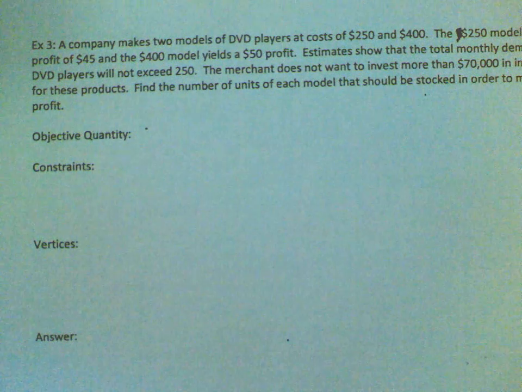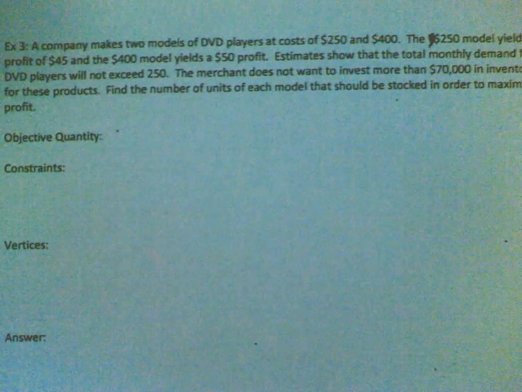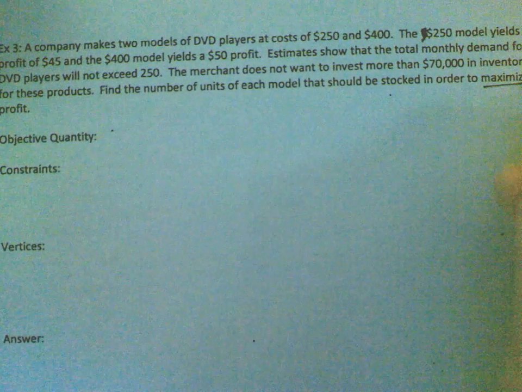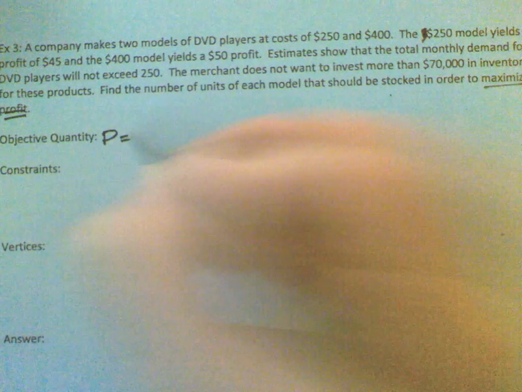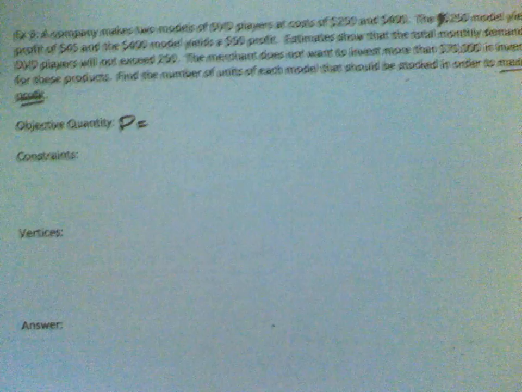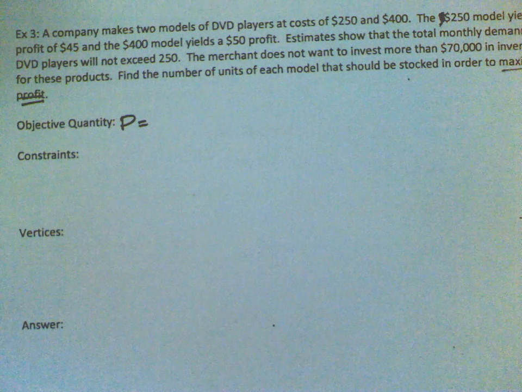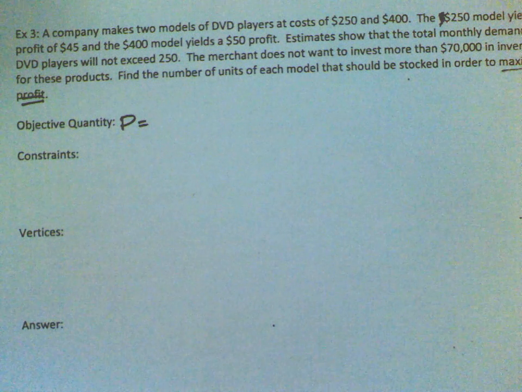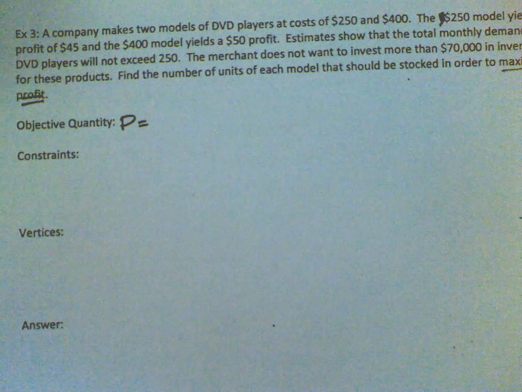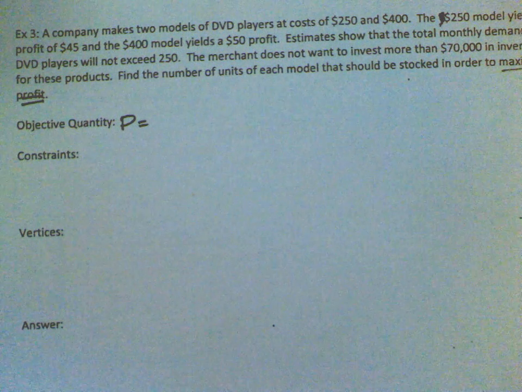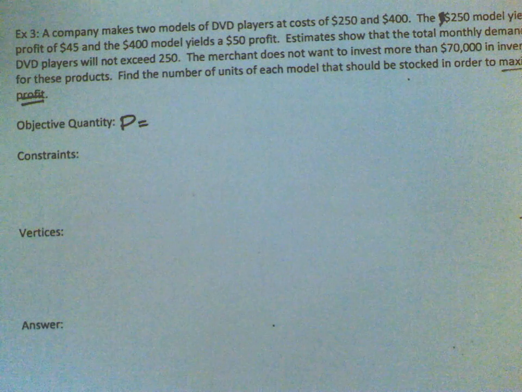Maximize. We are going to maximize the profit, right? So we want to write an objective quantity function that has to do with the profit of these, what are they, DVD players. Rescan your problem. Is there any information about profits in there?